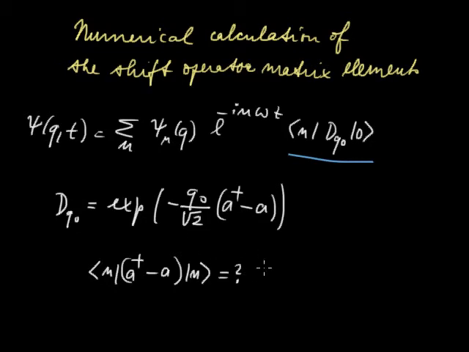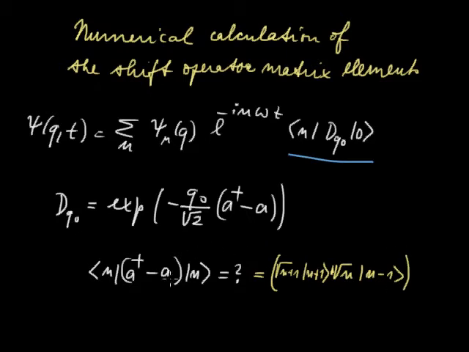One can quite easily find, let's say, that applying the annihilation operator on n leads to square root of n, n minus 1. That's this thing. The creation operator gives me the square root of n plus 1, n plus 1, sorry for this mess.